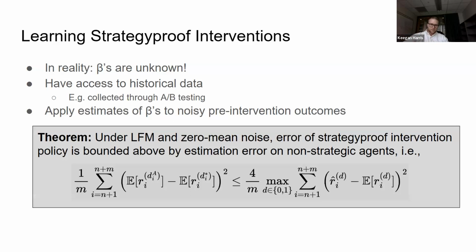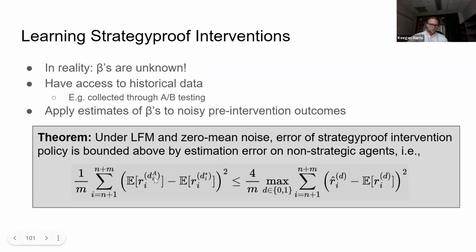And so what we can show is that under this latent factor model and under zero mean noise, the error of the strategy-proof intervention policy is bounded above by how well we are able to estimate these betas. So on the left-hand side, you have the average difference in reward between the optimal thing to do, which is the optimal intervention for some unit i, which we denote by d_i star, and the thing that you actually did.